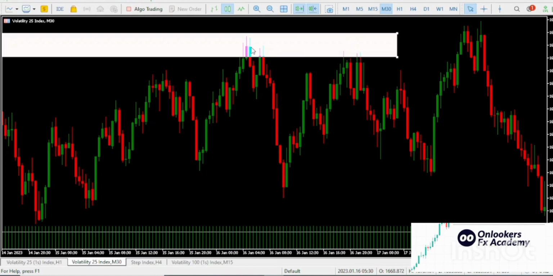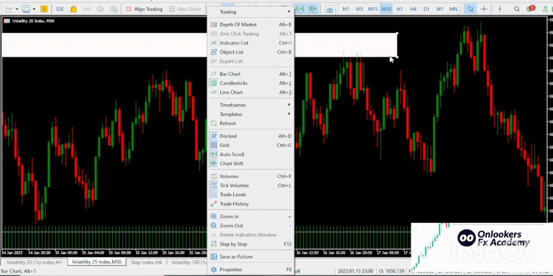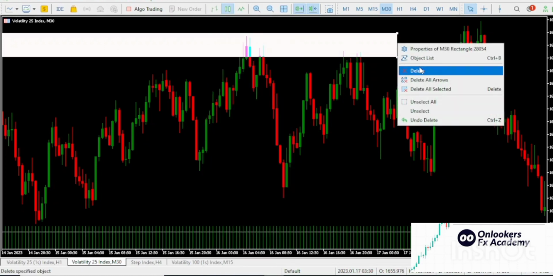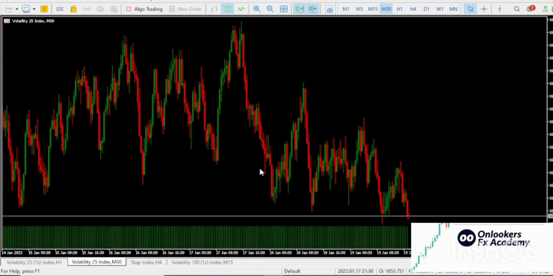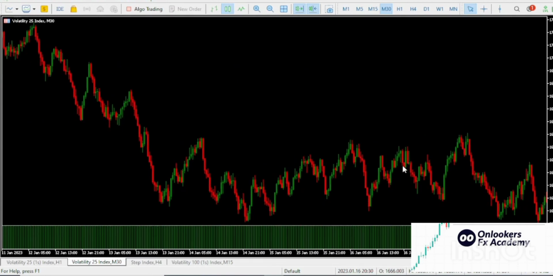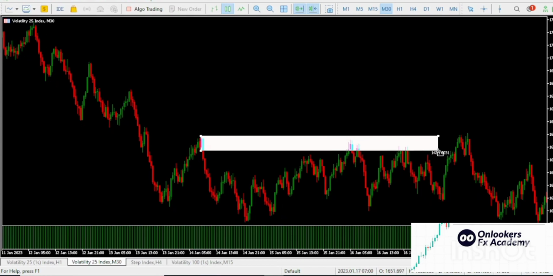Now one thing we should also know is that order blocks go against all our retail knowledge of trading, like the support and resistance rule. It breaks all those rules. If you notice this order block that was spotted, once price touches it, it comes down.